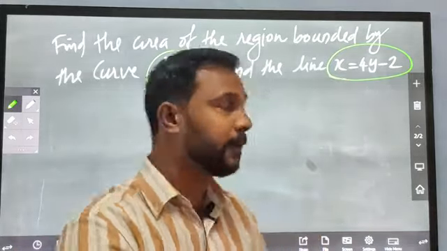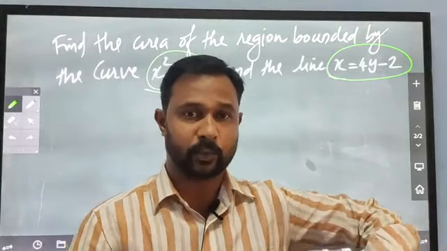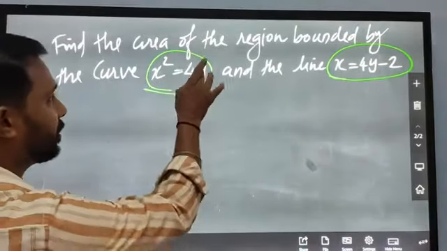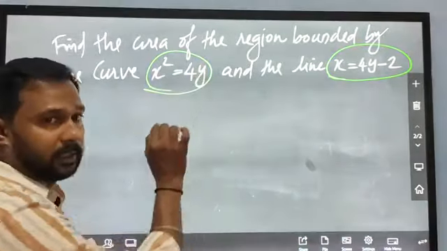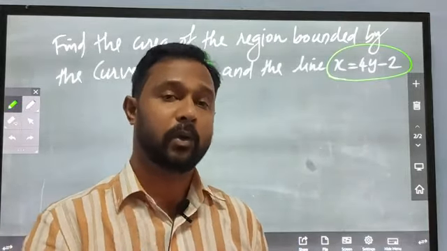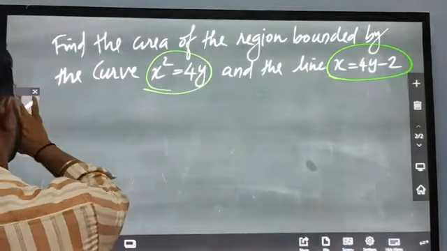Which type of parabola? There are four types of parabola: open towards right, left, upwards and downwards. Which type of parabola is this? In this equation, y is the linear content. Therefore, this parabola opens towards the y-axis, means it opens upwards. So, draw a rough figure for that.